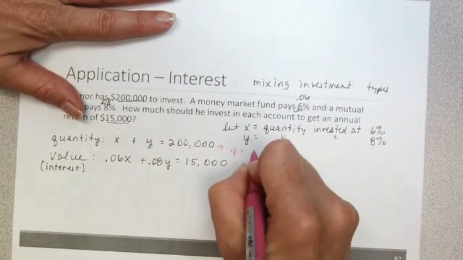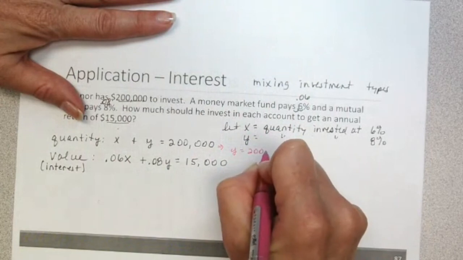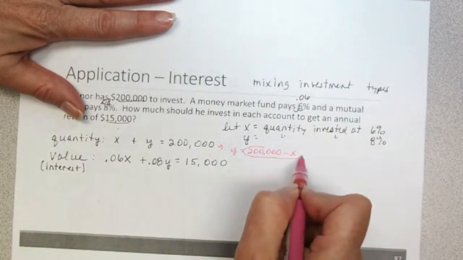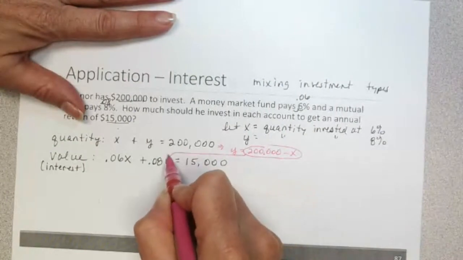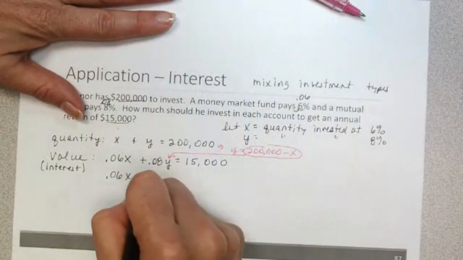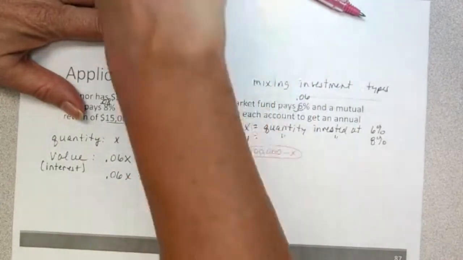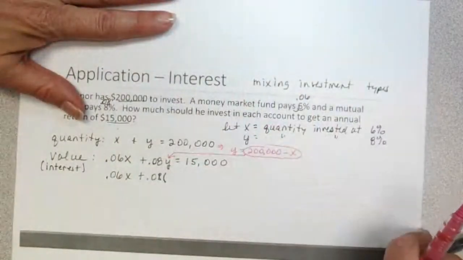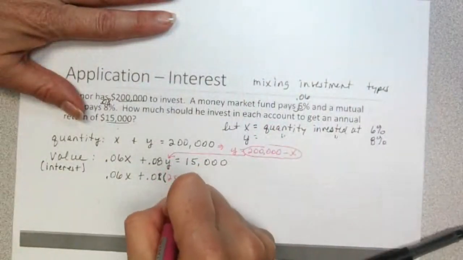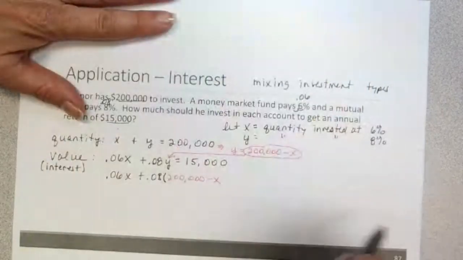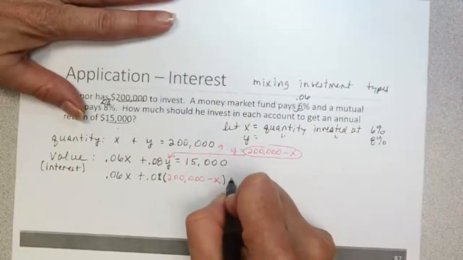So then Y is going to equal 200,000 minus X. Okay, let me substitute that into the second equation for Y. So now 0.06x plus 0.08, and not y now, but this new expression for y, the 200,000 minus x, is going to equal 15,000.